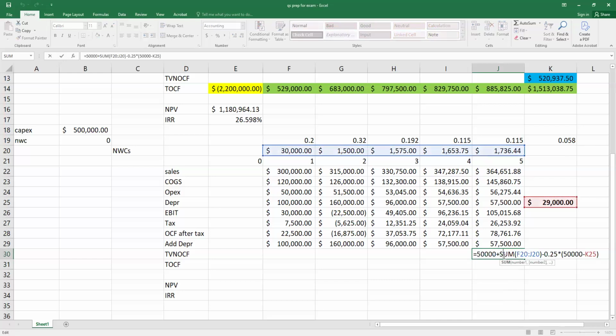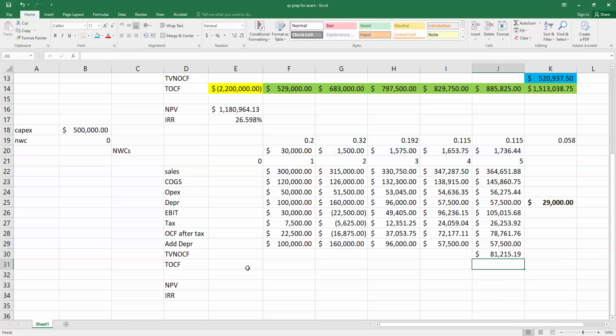Again, I'm just using the formula. The formula is salvage value plus net working capital minus tax on the selling price. And total operational cash flow, we're just going to be adding these two and minus net working capital as we did in the previous example.